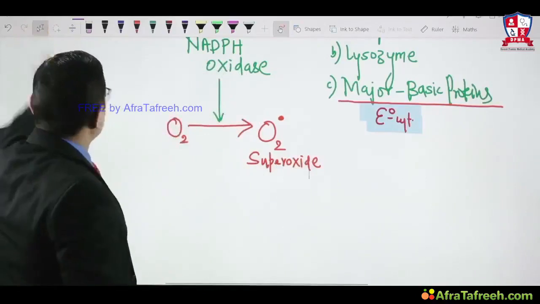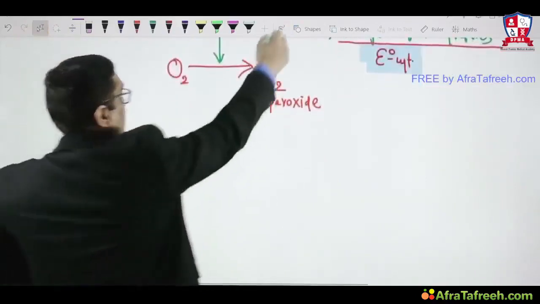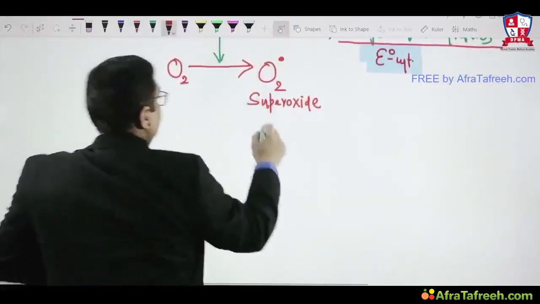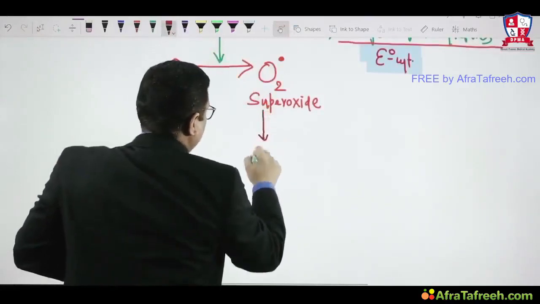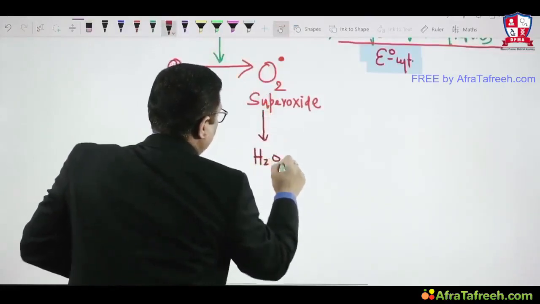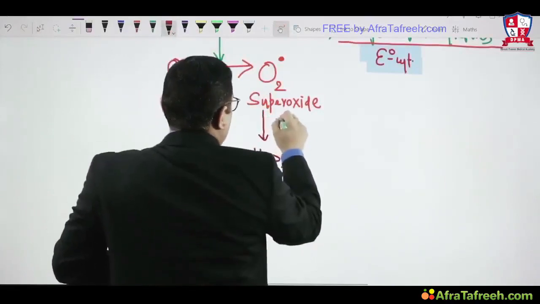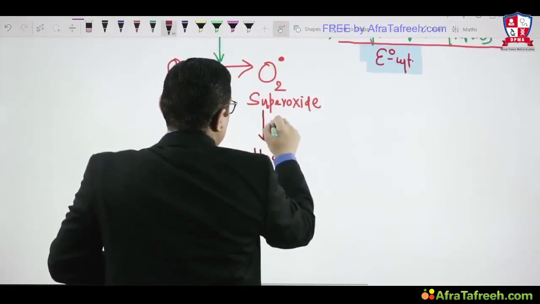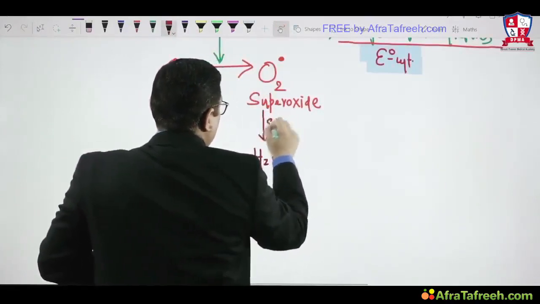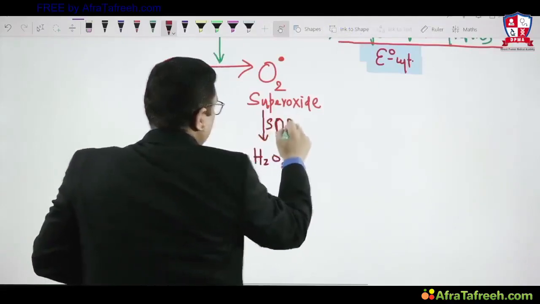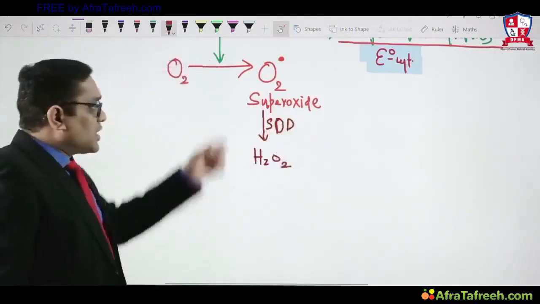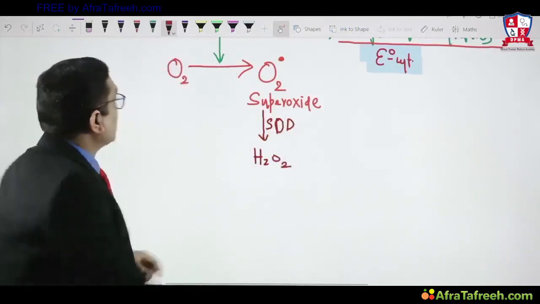Now this superoxide free radical will be degraded into hydrogen peroxide with the help of an enzyme called superoxide dismutase. So superoxide dismutase will convert superoxide into hydrogen peroxide.